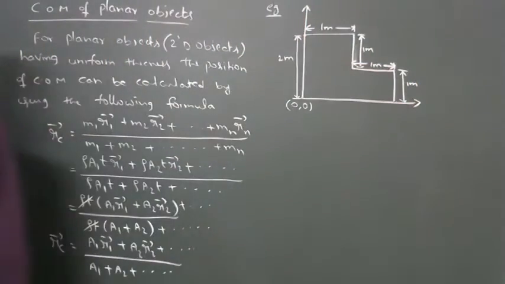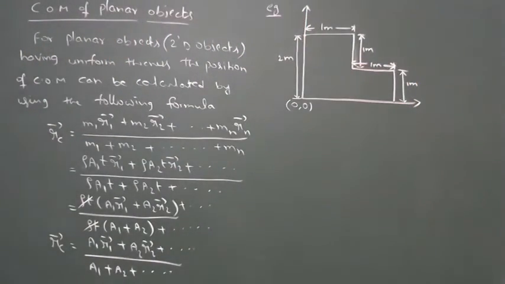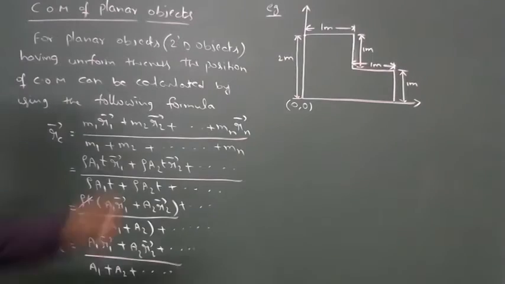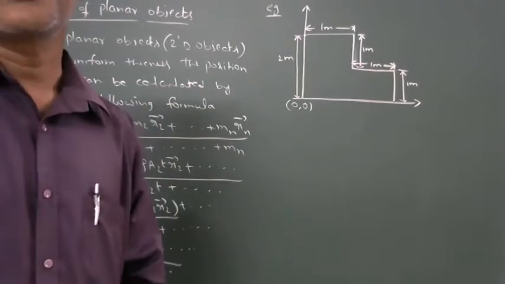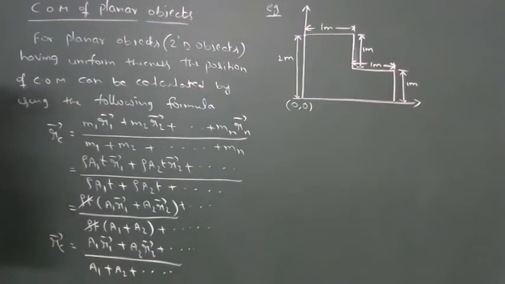These are the dimensions of the given planar object. How do we find its center of mass?